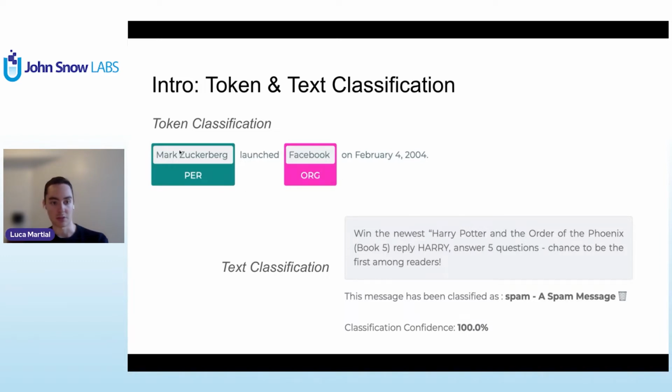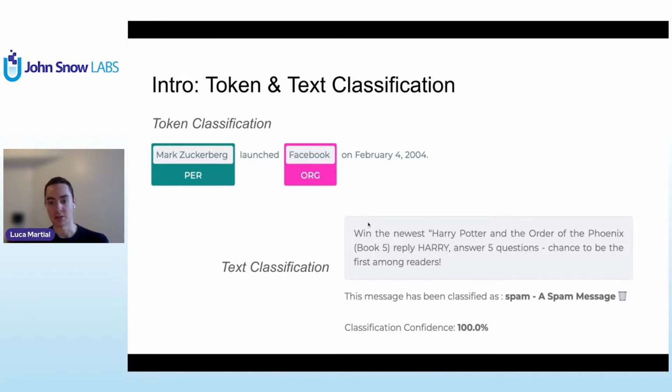So within the sentence, each token gets a tag assigned to it. So in this case, as I said, Mark Zuckerberg is a person, launched doesn't get any token. Facebook gets the organization tag. And on February 4th, 2004, this is also no tag. So that's for token classification.